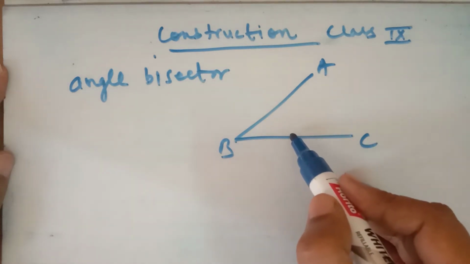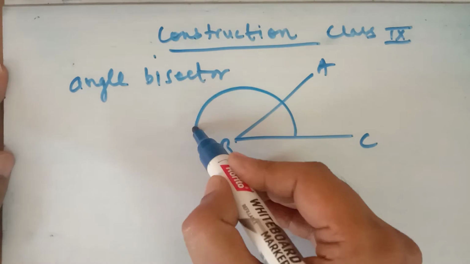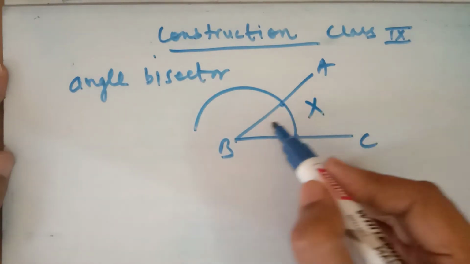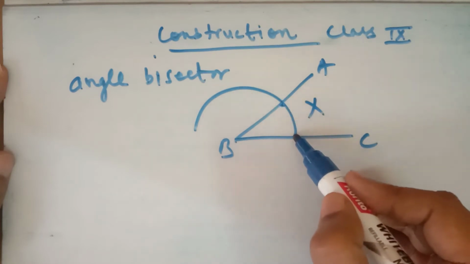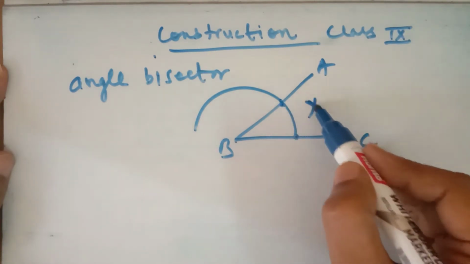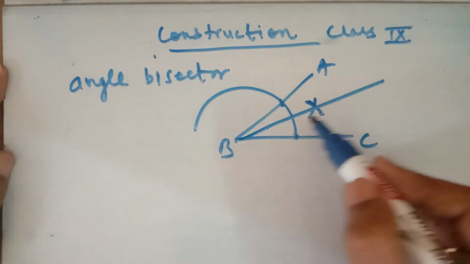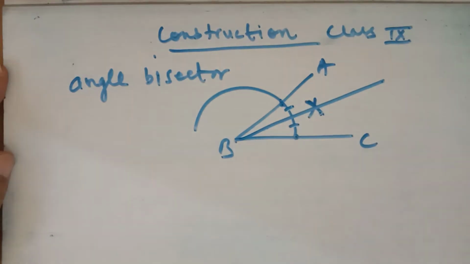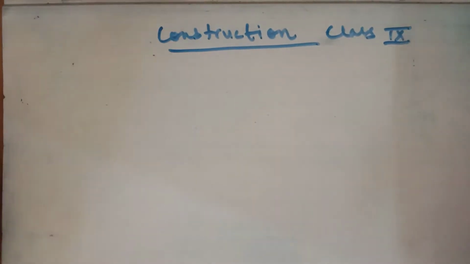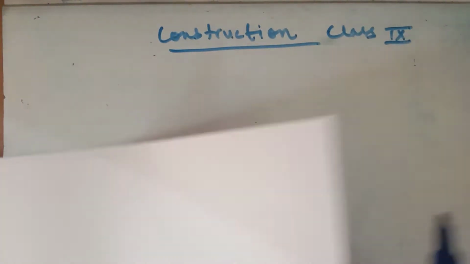We take a compass with any radius, draw an arc, taking these 2 points as a center, with the same radius cut this arc and join it. It will be divided into two equal parts. This is the meaning of angle bisector. We do it by using compass and scale.